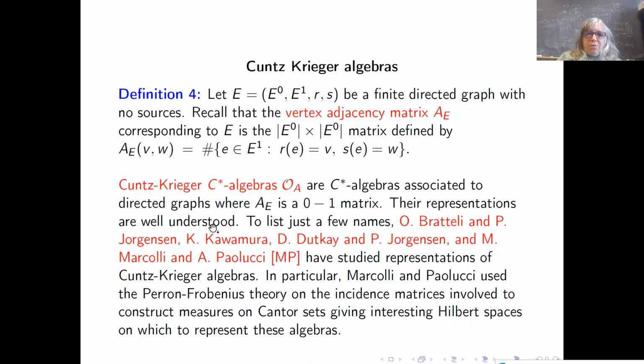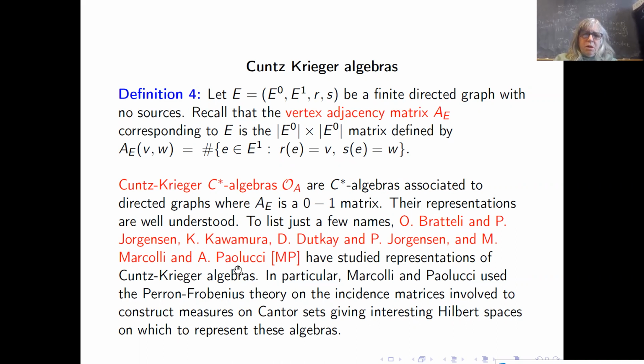And their representations have been studied carefully, and Cuntz algebras are a special case of these. The people who studied such representations are Bratteli and Jorgensen, Kawamura, Dutkay and Jorgensen, and Marcolli and Paolucci.